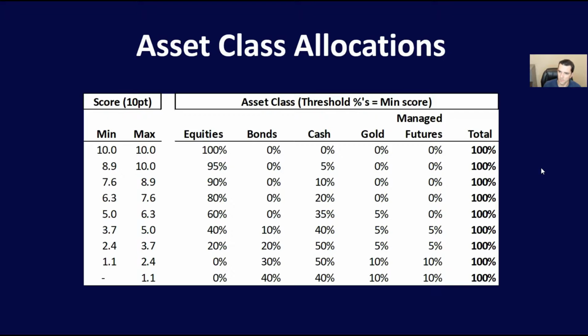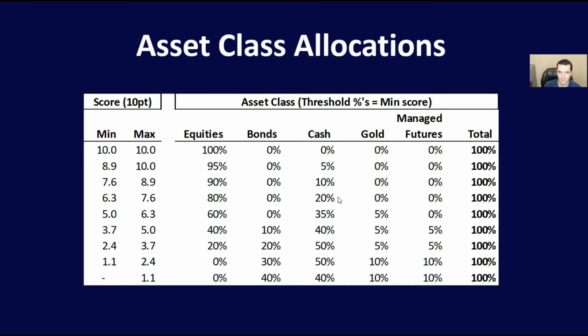So just to quickly talk about how that translates into asset class allocations. Again, these are the ranges, mins and maximums, and the corresponding asset class allocations that I personally assign based on these scores. So this is completely my own concoction.